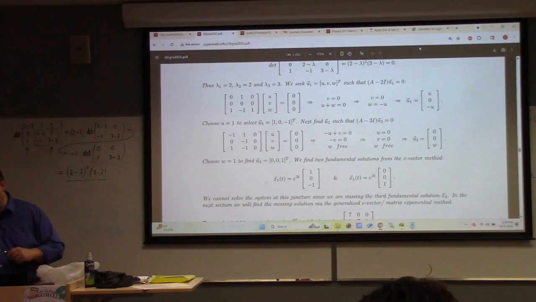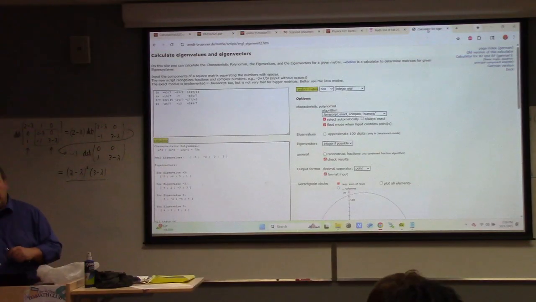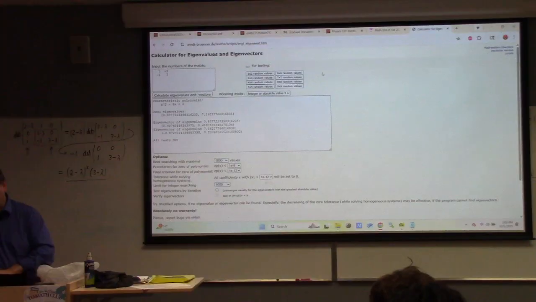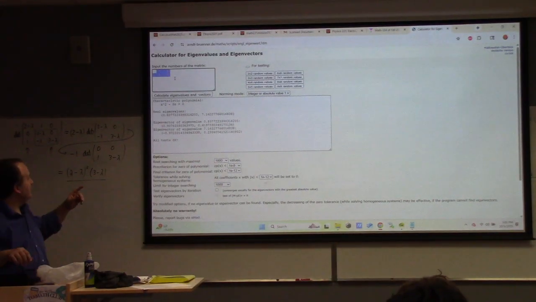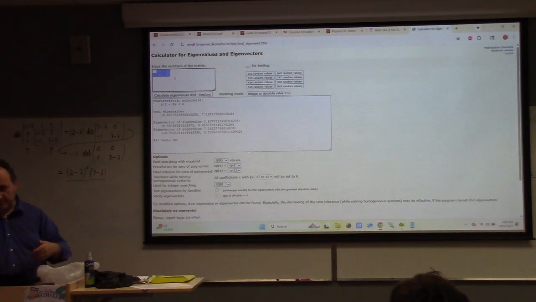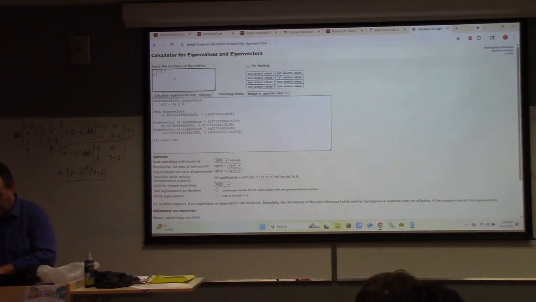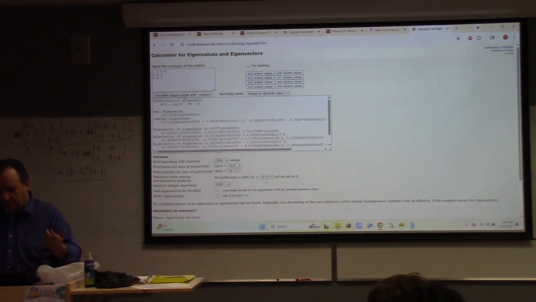The other point, while I have this out, is that you guys should know about this. You can use MATLAB or whatever, but I like this a lot. For example, pick any matrix you like: 1, 1, 1, 2, 4, 6, 7, 6, 7. Calculate the eigenvalues.